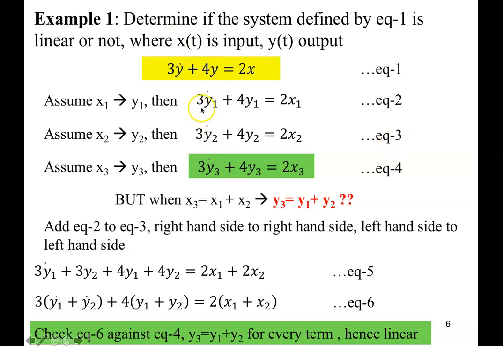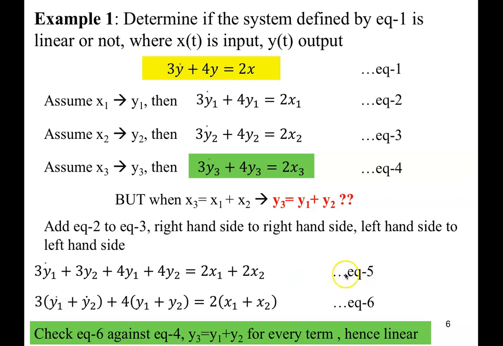So 3y1 dot plus 3y2 dot, then 4y1 plus 4y2. On the right-hand side, I have 2x1 plus 2x2. This gives me equation number 5.